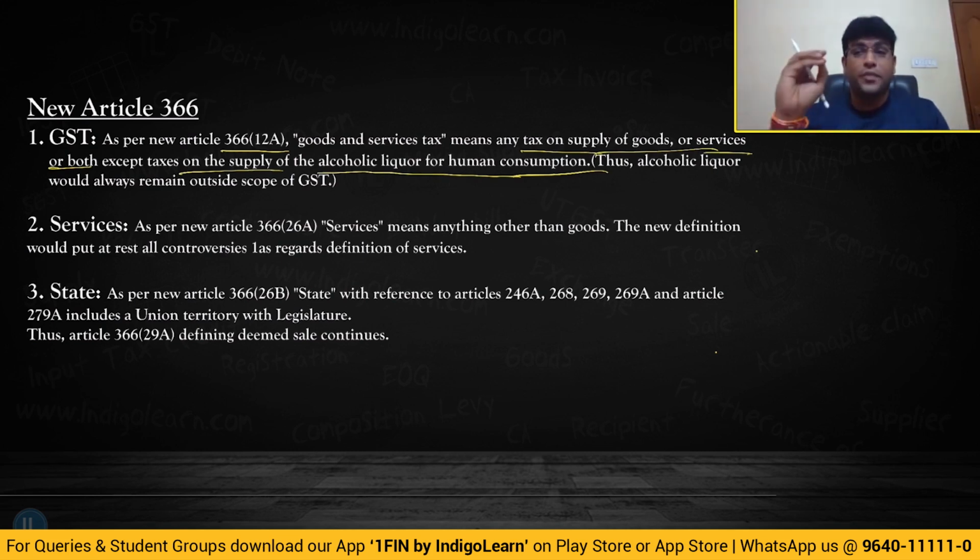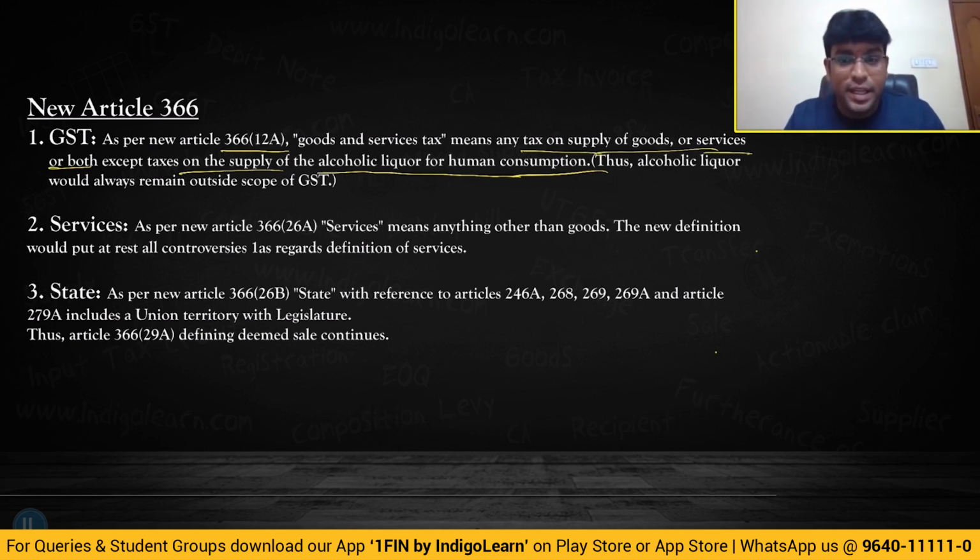Alcoholic liquor for human consumption is one such product which is permanently kept outside GST. The state governments clearly told the central government that they will support GST provided alcoholic liquor is not covered under GST. That is, alcoholic liquor should definitely be kept outside GST.